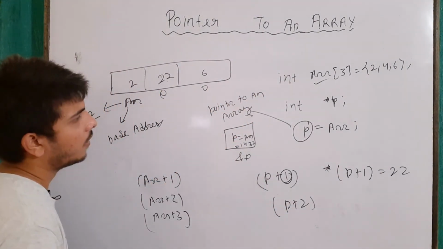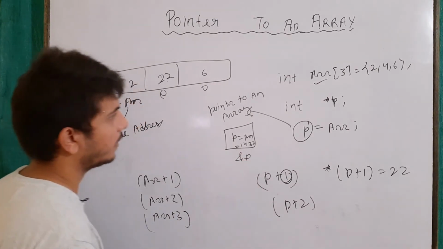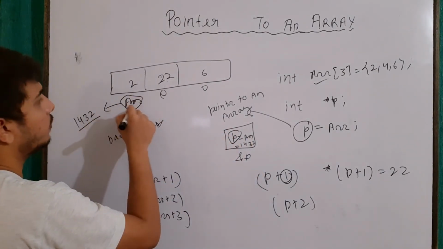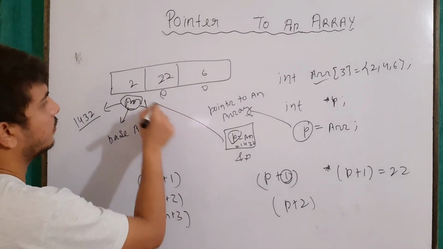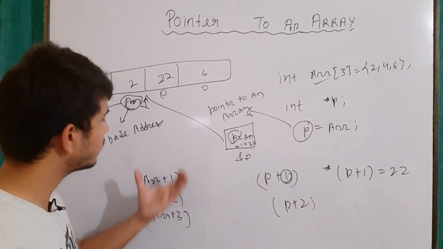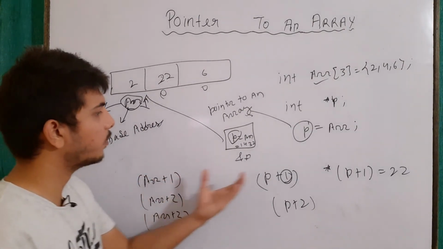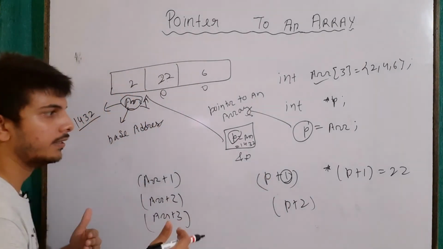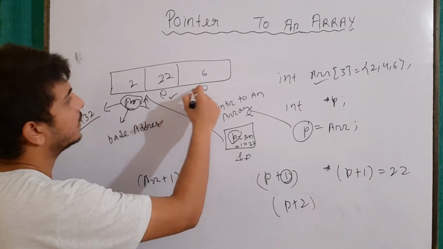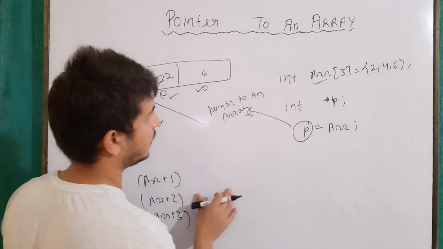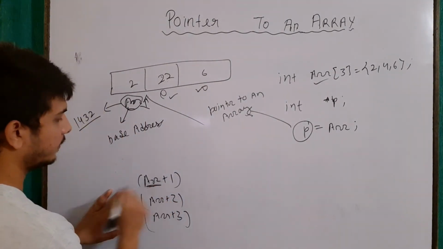So I hope you are getting what's happening here, that both p and arr are now pointing to the same memory location, right? Both are addresses, so both can be used as a pointer or for address arithmetic. Then the addresses gradually increase and we are able to access the adjacent locations. Now one last point to note here is that here we are using array, right?